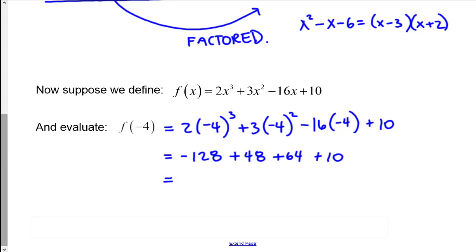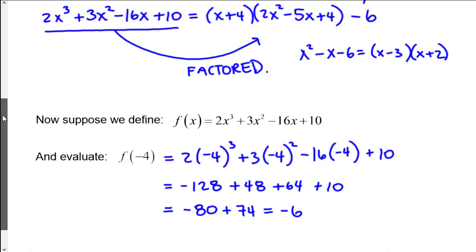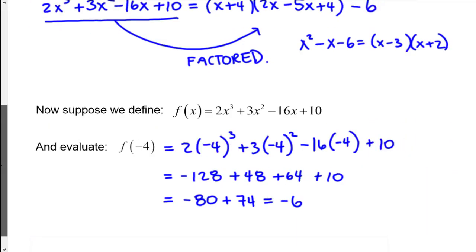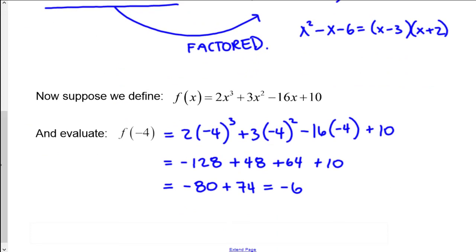So negative 128 and 48 should be negative 80. 64 and 10 is 74. When I add those together, I get negative 6, which is interesting, because go back a little bit. Look at what the remainder is. The remainder was negative 6. And here, the evaluation of the function at negative 4 is negative 6.